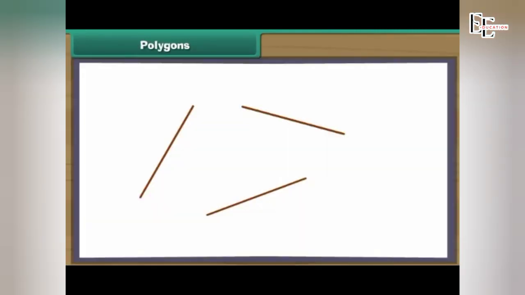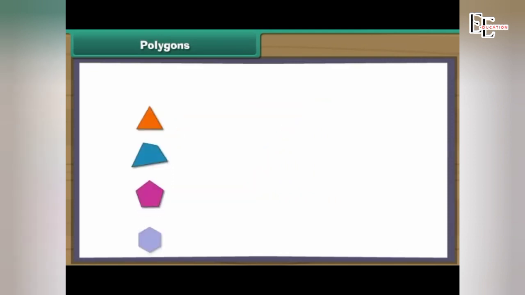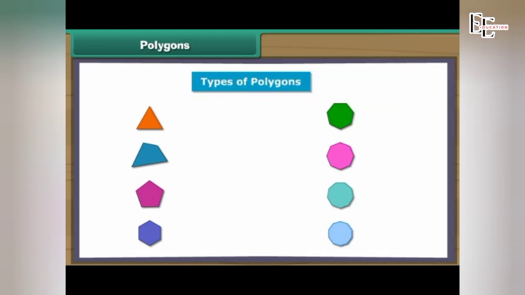Polygons. We can form different shapes by enclosing them with line segments on all sides. Such closed figures are known as polygons. Polygons have different names depending upon the number of line segments they use. Here we look at the following types of polygons.